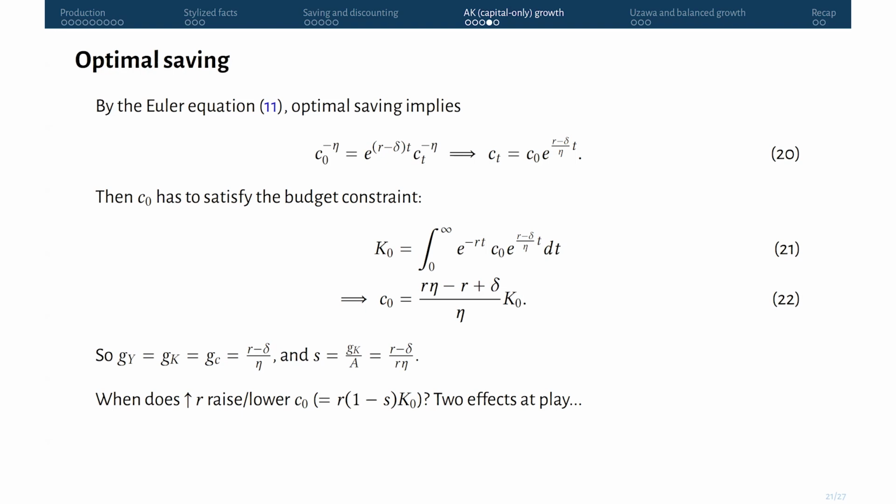And income is just the interest rate times capital, and the fraction not saved is 1 minus s. So you can just put r times 1 minus s times k0 will equal this term here, r eta minus r plus delta over eta times k0.